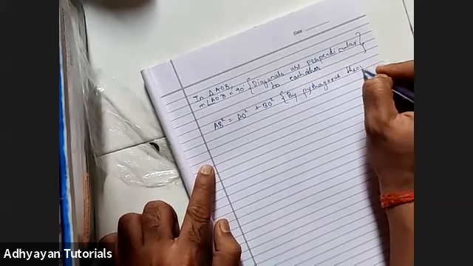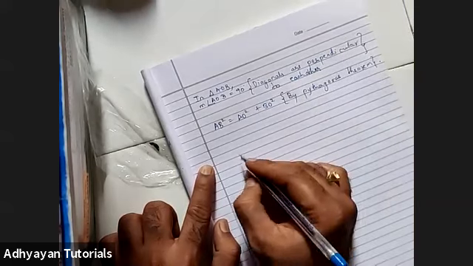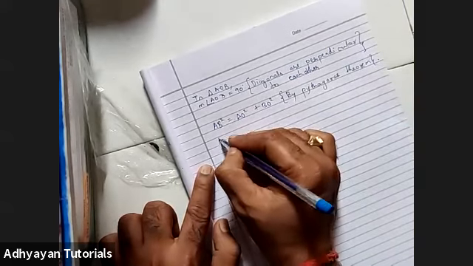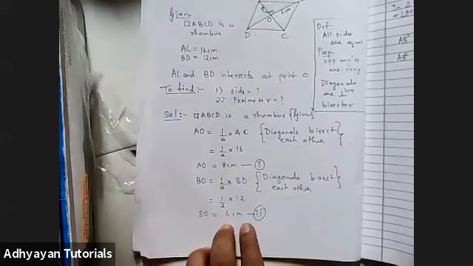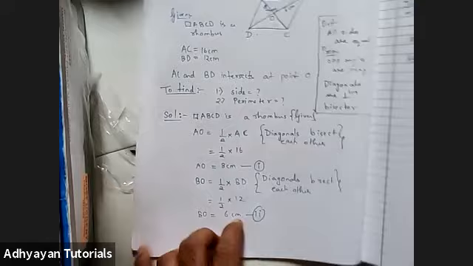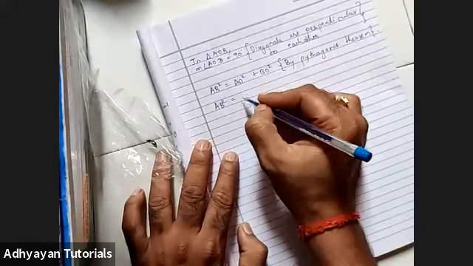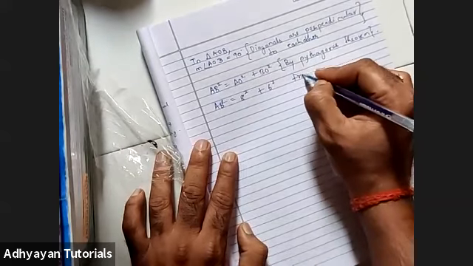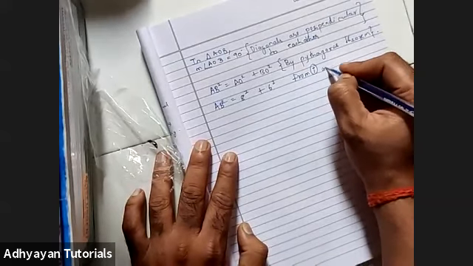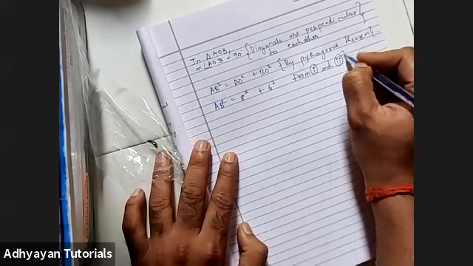I hope you kids are also writing down the reasons. Correct. Okay. Now I don't know the value of AB, so I keep it as it is. But children, AO and BO, we know the values 8 and 6. So the value of AO is 8 and the value of BO is 6. And that comes from equation 1 and equation 2.